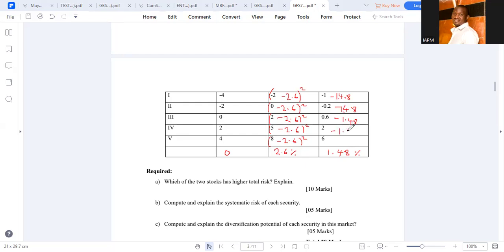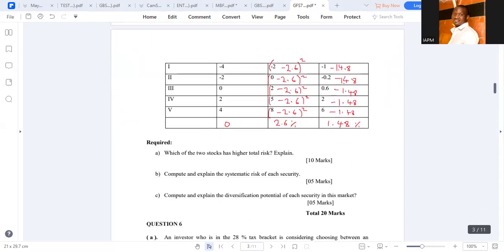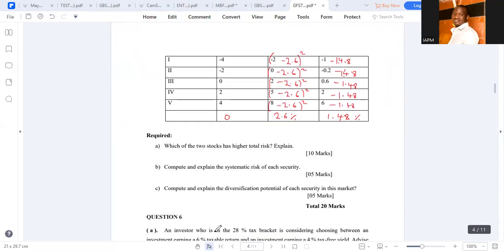Then we square each of these, then divide by the n. Okay, so the mean for J was 2.6 and for K was 1.48. Okay. What values did you find? So J was 2.6 and 1.48.